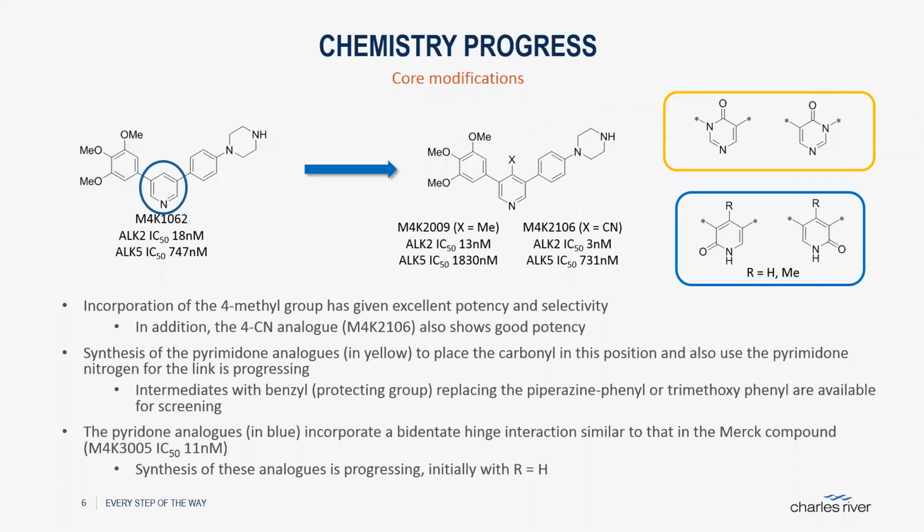We've got things like the intermediate benzyl compounds where we've protected the pyrimidone in order to facilitate the Suzuki chemistry. So we've got those intermediates. We've just got to deprotect and then put the relevant group on the other side, if that makes sense. So making the two compounds.